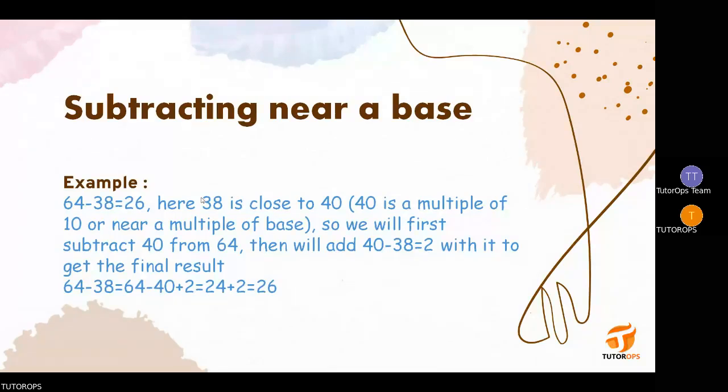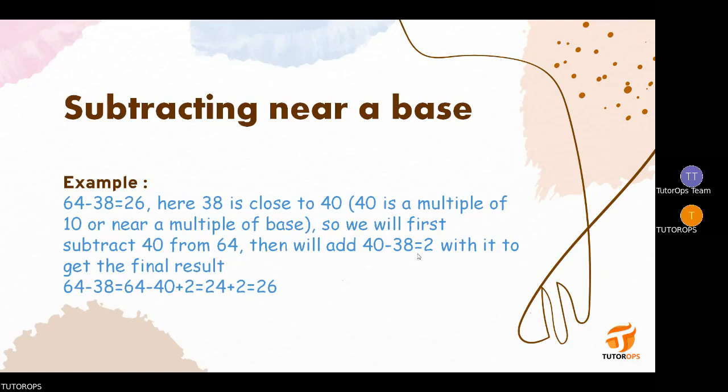We are directly subtracting the nearest multiple of the base. Yes, the nearest multiple of the base of 38 will be 40. Then we need to add 40 minus 38, that is 2, to get the final result.